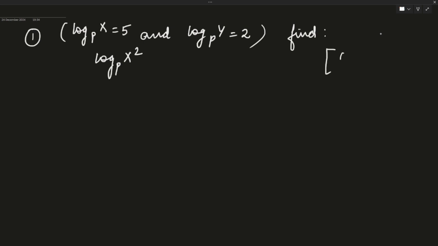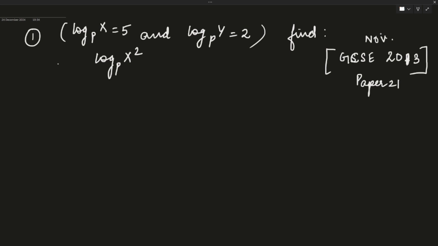This question came in your GCSE additional mathematics paper 21 of 2013, in the November session. So we are given this information and we have to find the value of this expression.